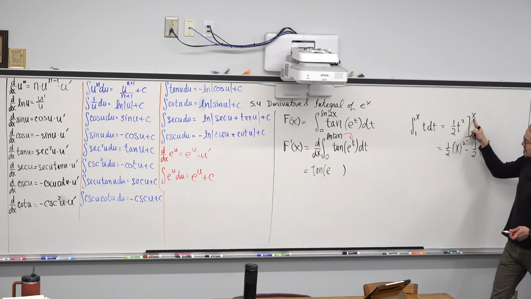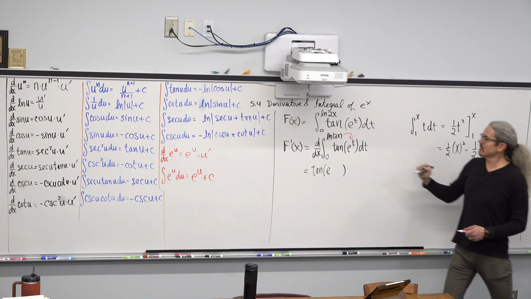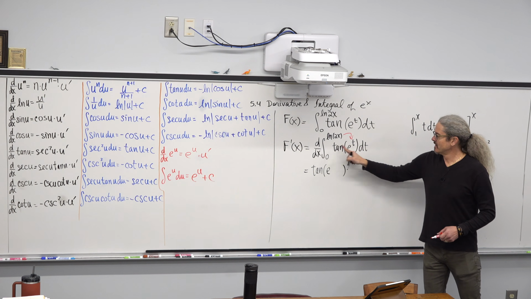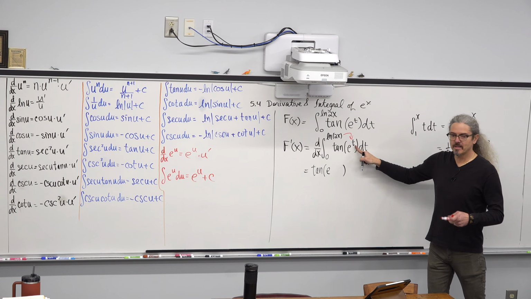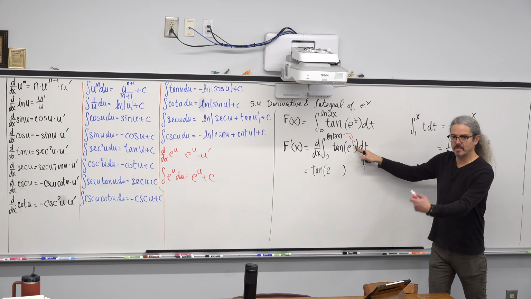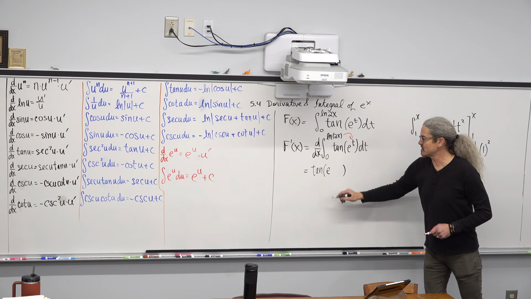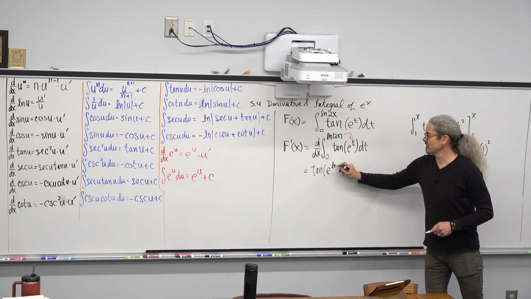So this x will replace the t and we'll have a 1/2 x squared. So here we have the tangent of e to the, well, the natural log of 2x is going to be substituted into the t. So we have the tangent of e to the natural log of 2x.